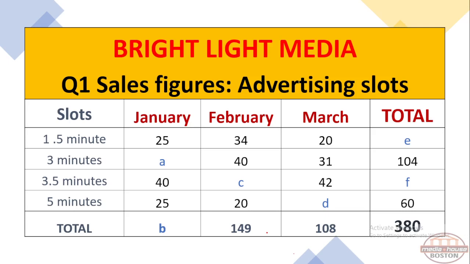And Mapula, which one did you start with? I started with the first one, A, like the 1.5 minutes. And how much did you get for A? I got 79.